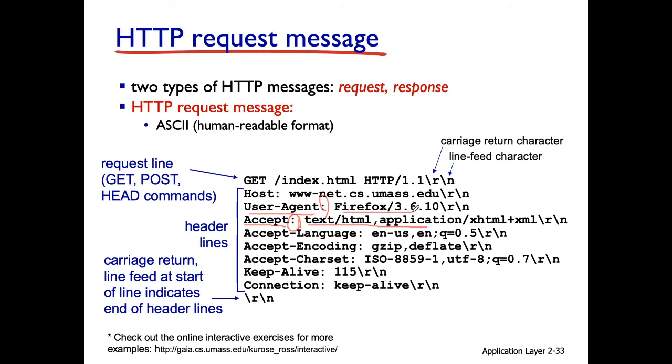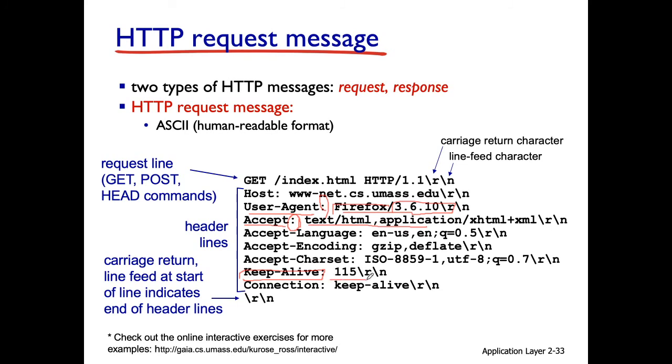It indicates what implementation the browser is and the version of it. So User-Agent means the user is using a browsing agent called Firefox, and it's version 3.6.10 of Firefox.